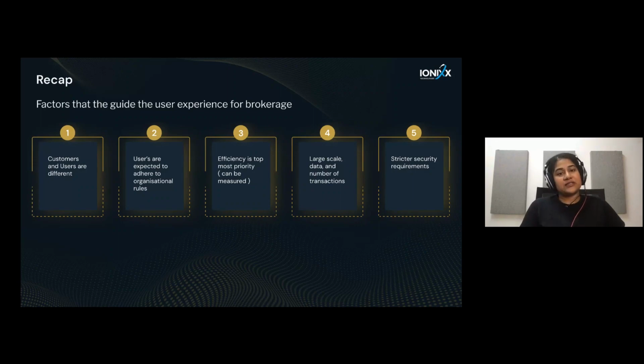Efficiency is the topmost priority, and more importantly, it can be measured using certain design principles and metrics, and how to go about that. And large volume of data comes into play. Last time we saw how optimal use of real estate and things like that become a challenge, and ways to work with them. And security levels are stricter.